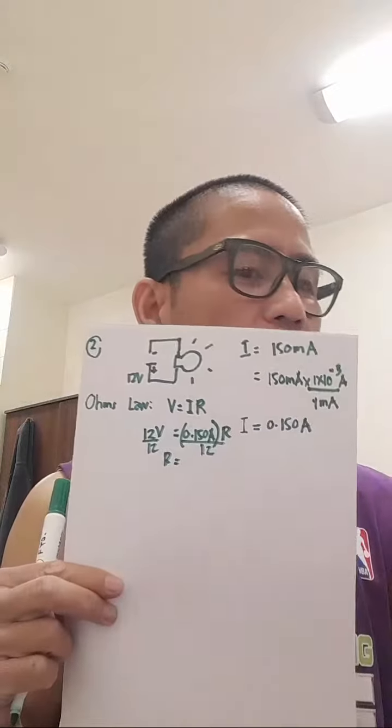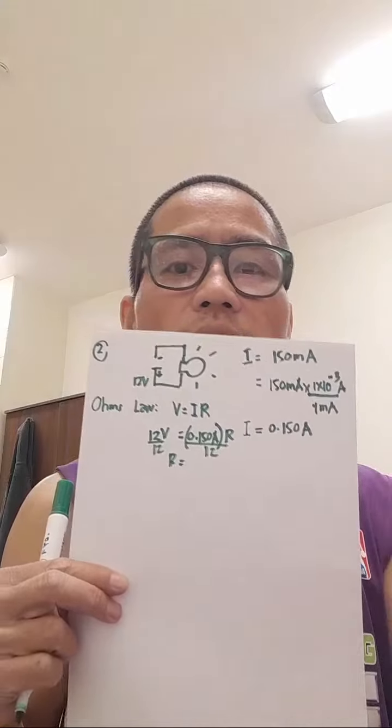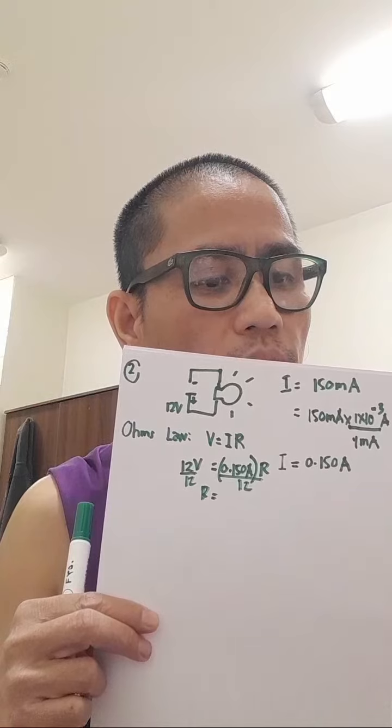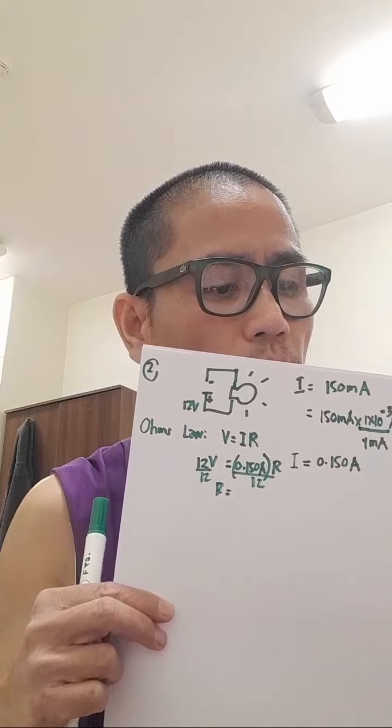And our voltage is 12 volts, or V. So R is automatically 12 divided by 0.150. So R will be how much, guys? You can calculate it also on your own. So 0.150.